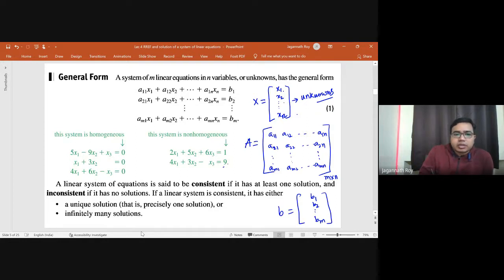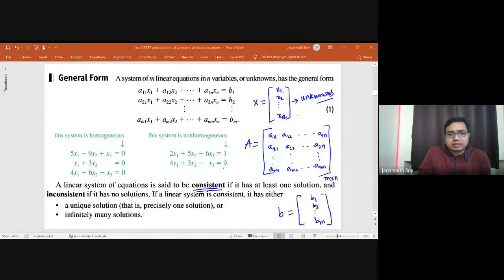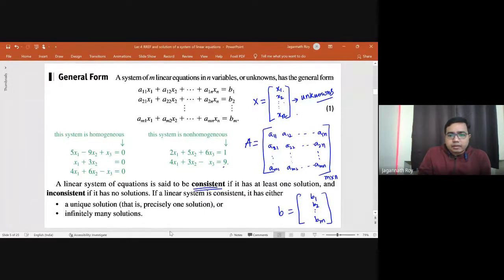Now a linear system is said to be consistent if we have at least one solution. If there is no solution, then we call it inconsistent.